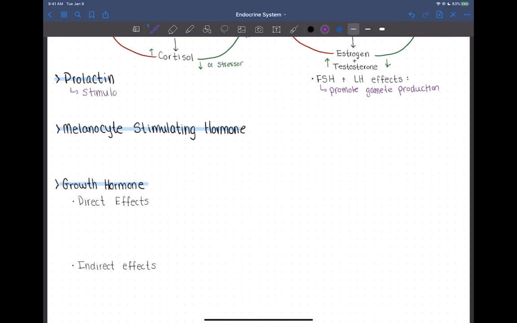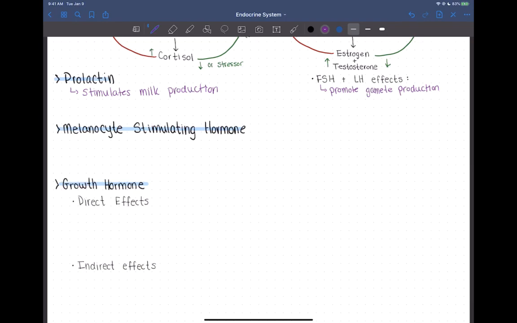Its target tissue would be breast tissue, and it'll stimulate and help to maintain milk production. This would be a hormone that has increased production during pregnancy, especially after pregnancy, when you need milk production and you need to maintain that milk production.